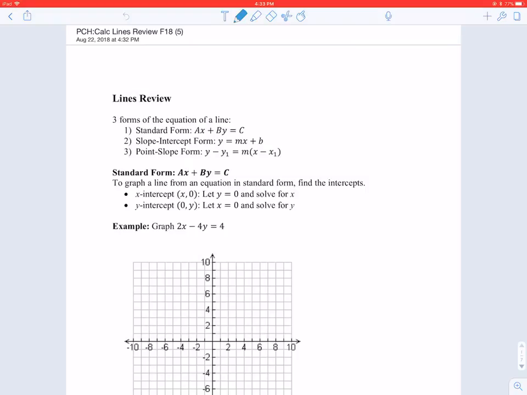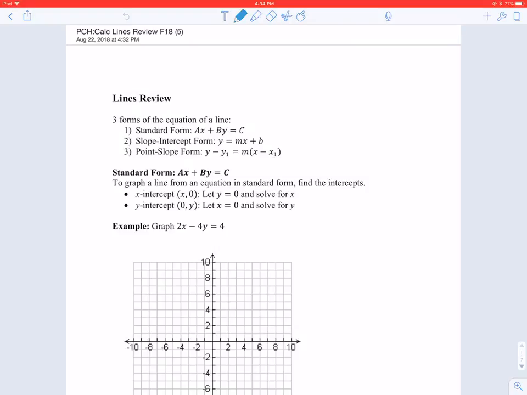This tends to be the form that students remember the best, just because the formula is, for whatever reason, the easiest to remember. And then there is the best form of the equation of a line, point-slope form. So we're going to go through each of these forms and how to graph them. And we'll start in the same order that you did way back when in Algebra 1 with standard form.